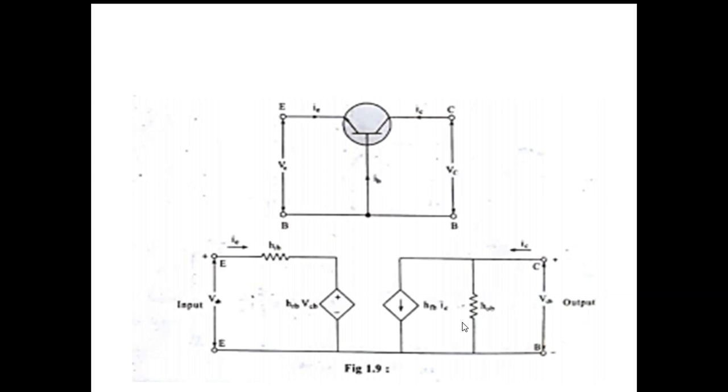Next, for the second equation, IC equals HOB VCB plus HFB IE. These are two currents, and these two currents must be in parallel because they are in summation in the second equation. So now the transistor is replaced with these four quantities.